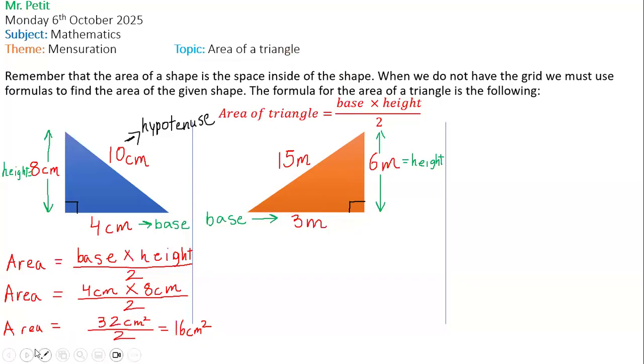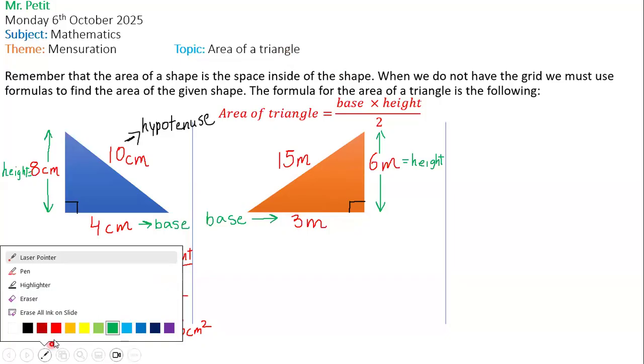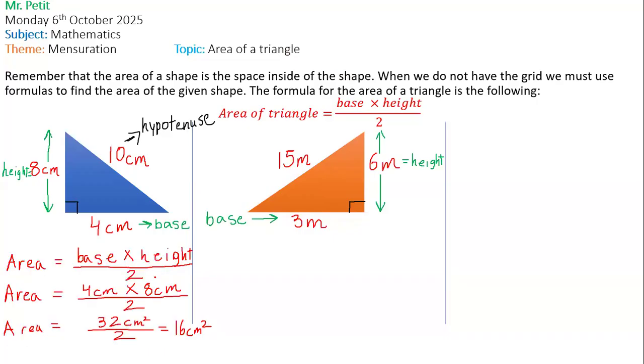So the first thing we're going to do is write down the formula. Area is equal to base times height divided by 2.